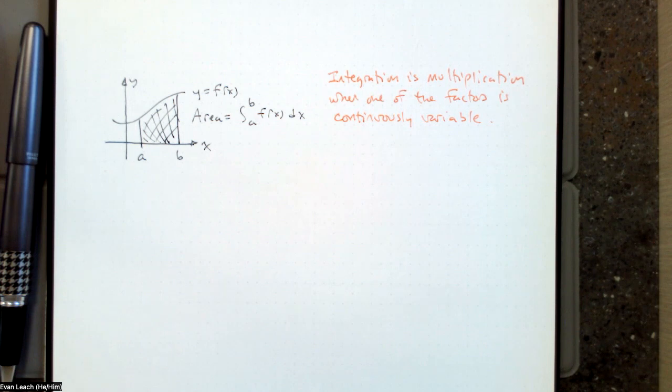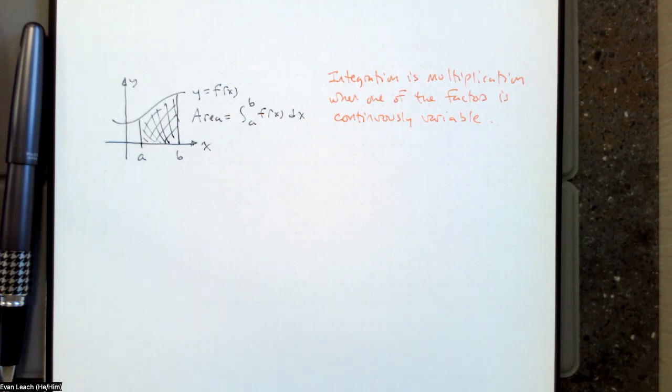The way we deal with multiplication when one of our factors is variable is to drop things back to addition. The way we deal with the continuously part is we make things constant for small changes in x. So that's why integration is also addition.